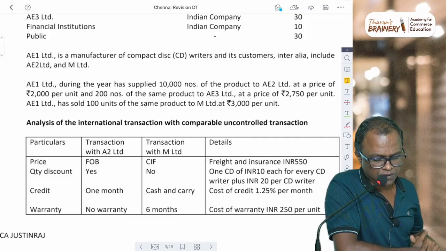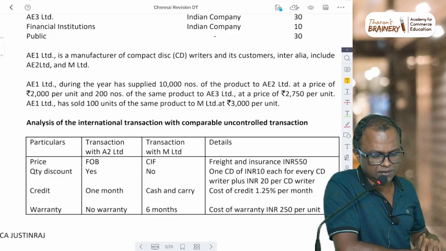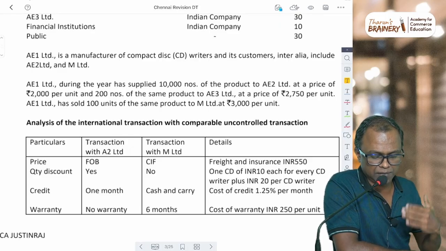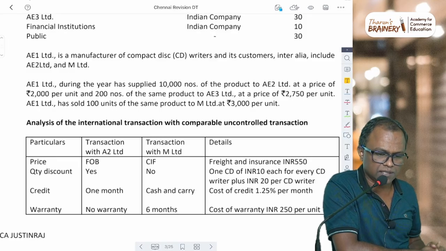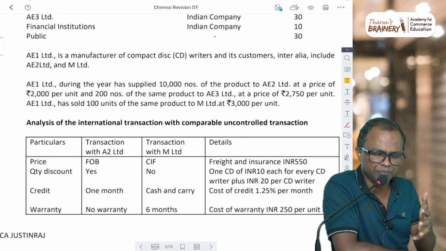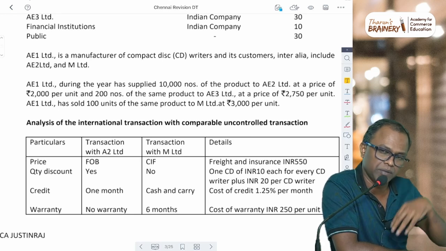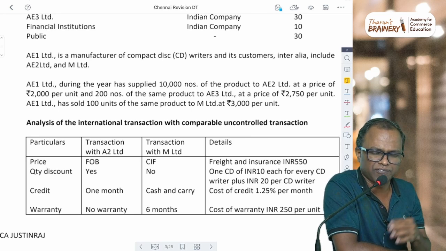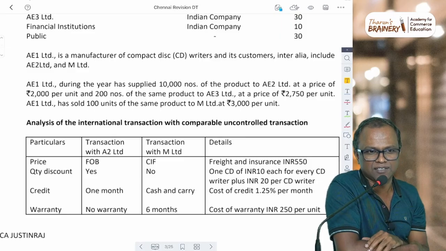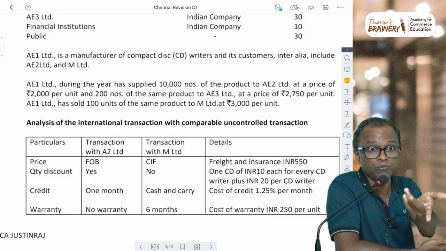Third, credit. In the transaction with AE2 Limited, 1 month credit is given. But to M Limited, we are not giving credit. If we are giving credit, the price charged will definitely be more, because of working capital shortage, our funds are blocked. We are giving credit to you, so we will bill you more.